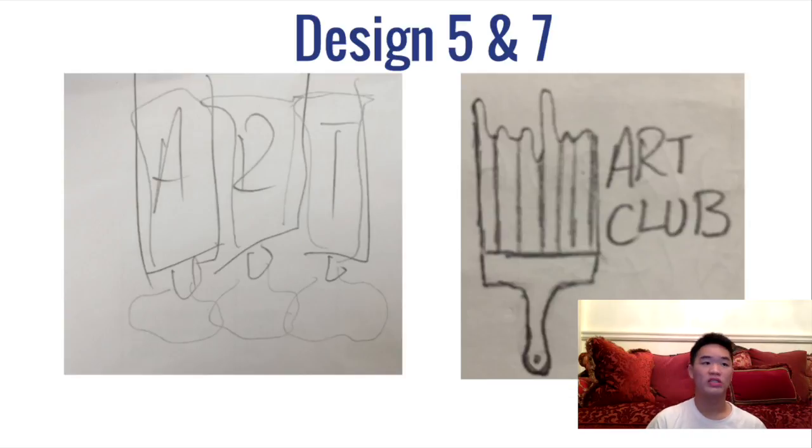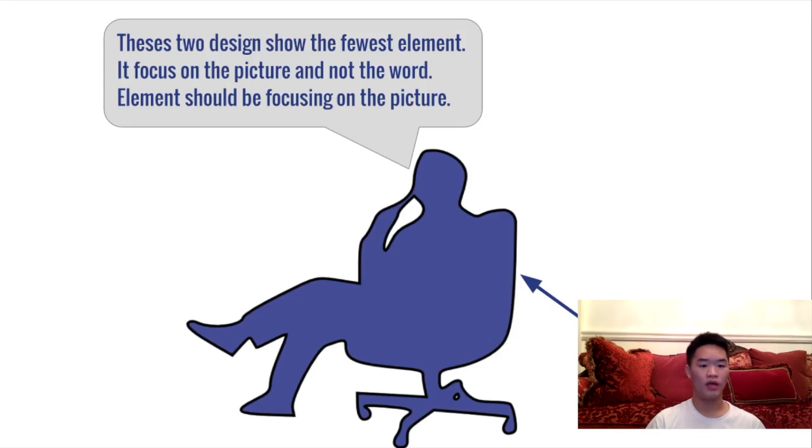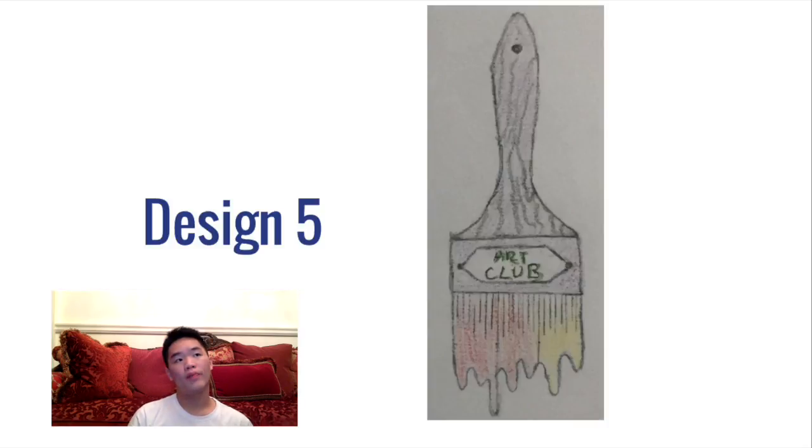At first I thought it was kind of funny, because I didn't feel like these 2 were anything special, but he told me that these 2 logos show the simplest design, and they focus on the element a lot more than the words. In his own words, the logo should focus on the picture more rather than the words. A concept idea.